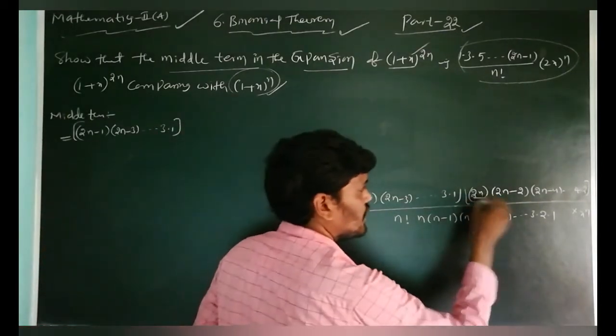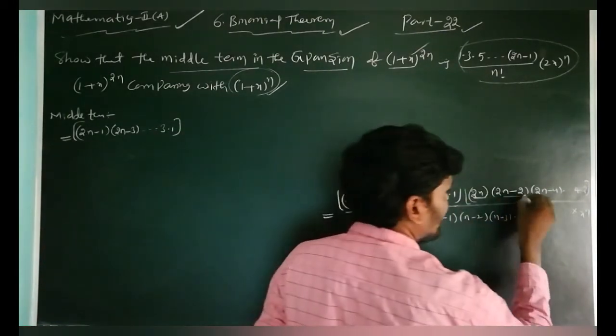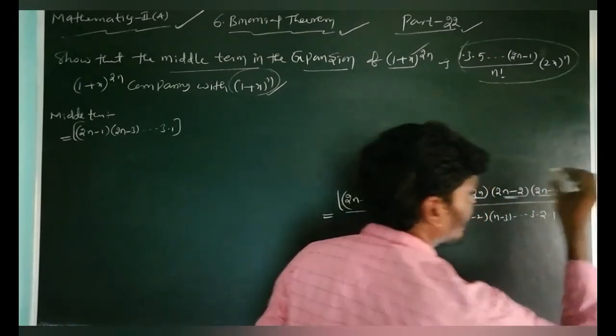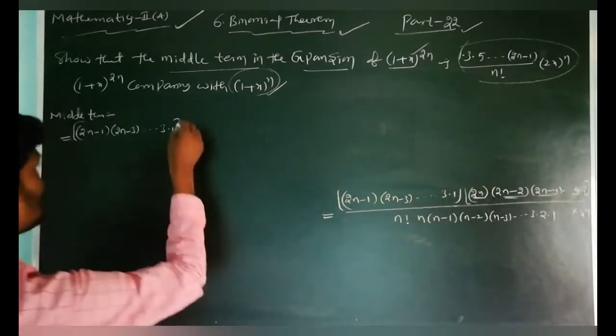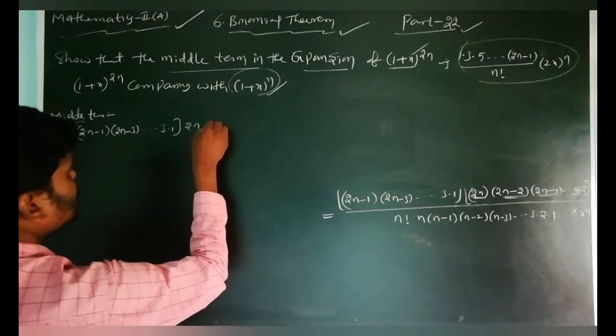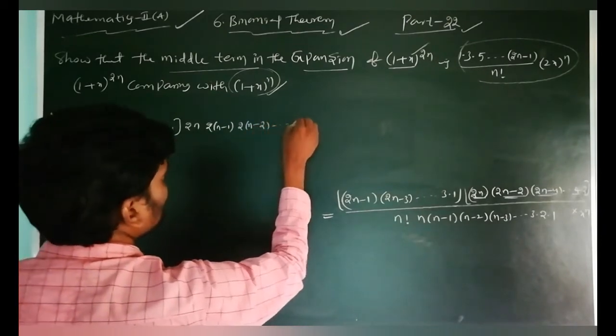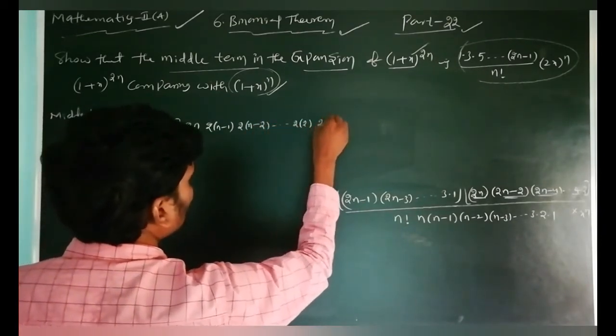Here in this term 2n common, in this term 2 common, in this term 2 common, in this term 2 common. Here 2 into n, 2 into n minus 1, 2 into n minus 2 and so on, 2 into 2, 2 into 1.